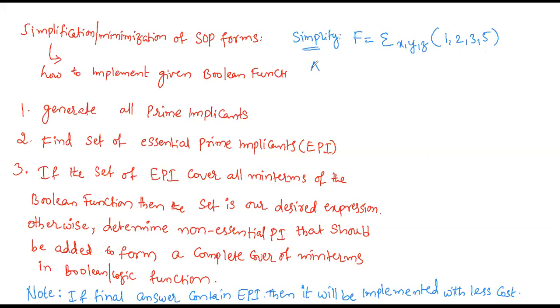Now the expression is already in the standard SOP form, so directly apply to K-map. Here, which variable K-map we need to use? 3 variable K-map, because we are having 3 variables x, y, z at sigma. So draw the 3 variable K-map.